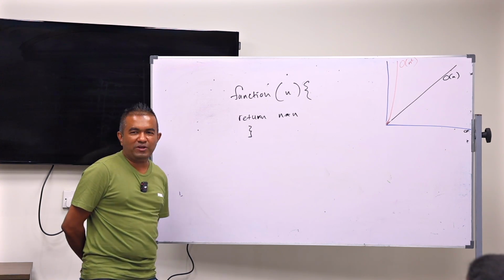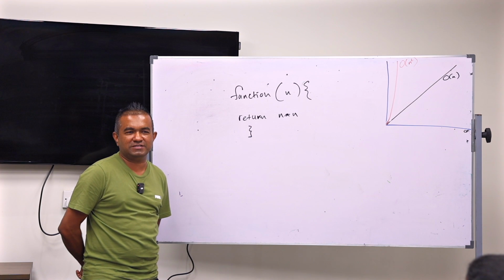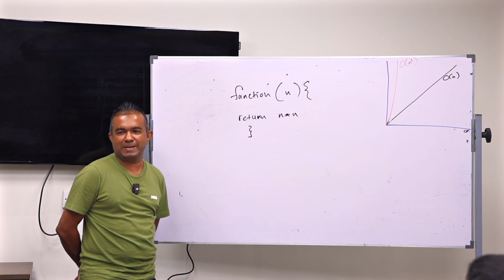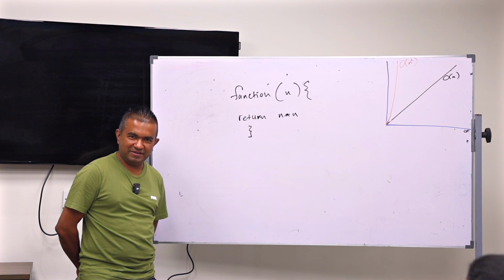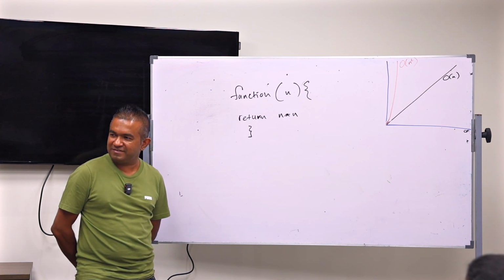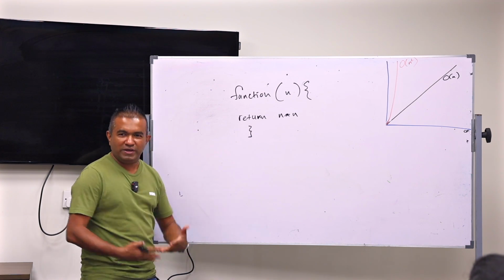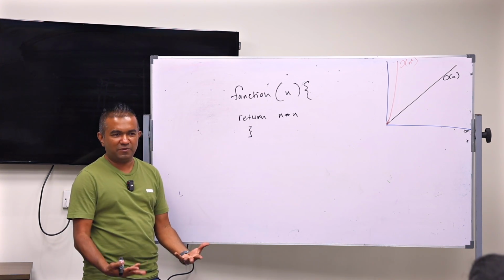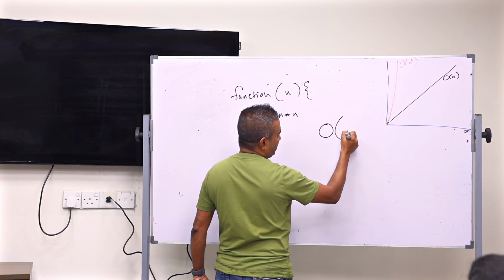Now, if I pass 10 here, how many operations would this do? 1. If I pass 100, if I pass a million, 1. So, no matter what I pass, it is always doing the same number of operations. So, this is what we call O1.